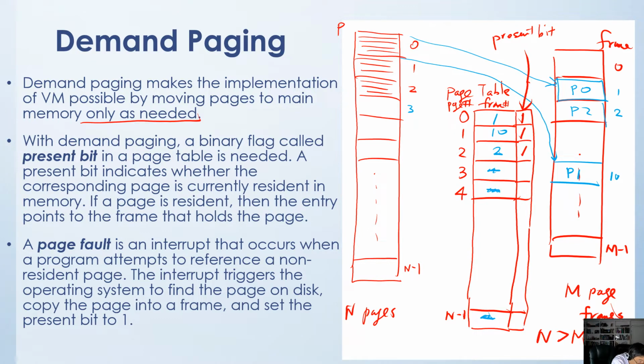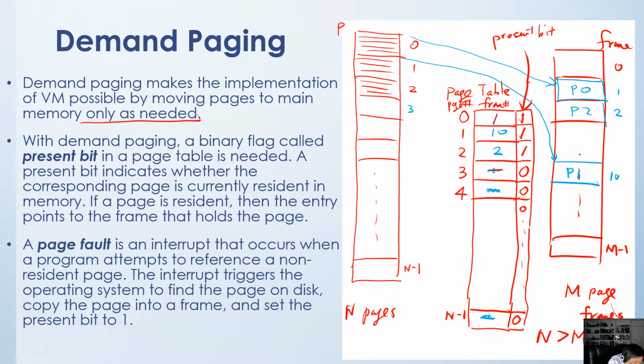Page 3 is not loaded into physical memory yet, so we set the present bit to 0. The present bit indicates whether the page is currently resident in memory.